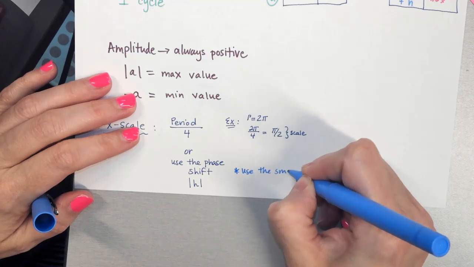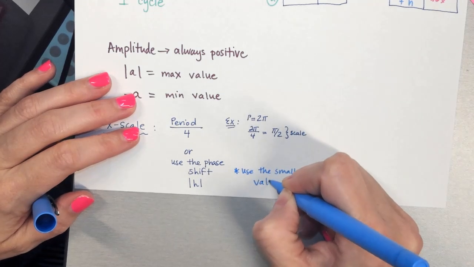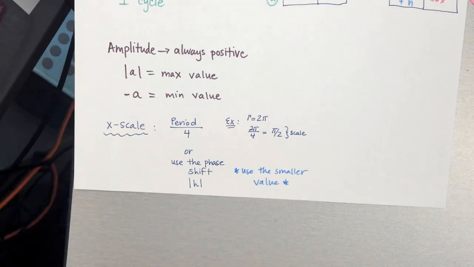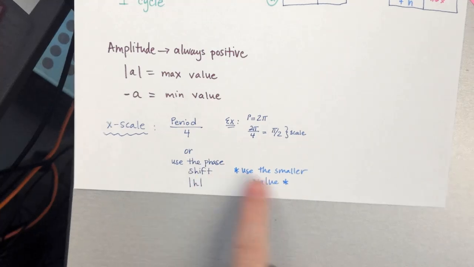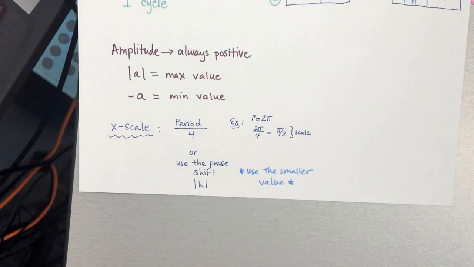Because if you are doing a phase shift of pi, if you go by pi, you're going to be graphing a lot of waves. So whichever one of these is smaller is what you want to use. You can also use a reference point. So let's say you had negative 3 pi over 2. Instead of going by 3 pi over 2, you could just go by pi over 2, kind of like a reference angle. If you had 3 pi over 4, you could go by pi over 4.